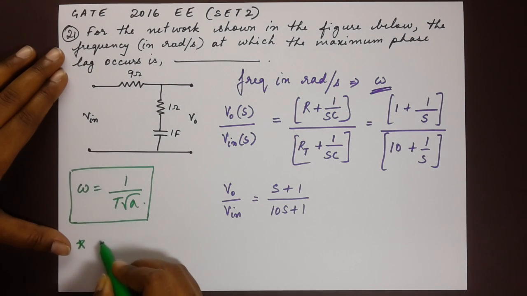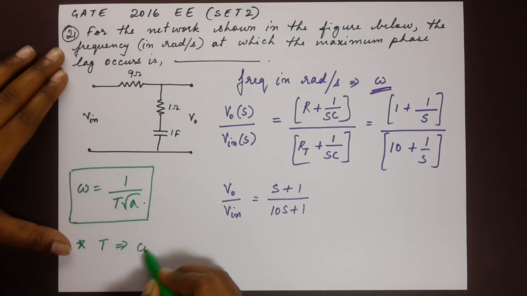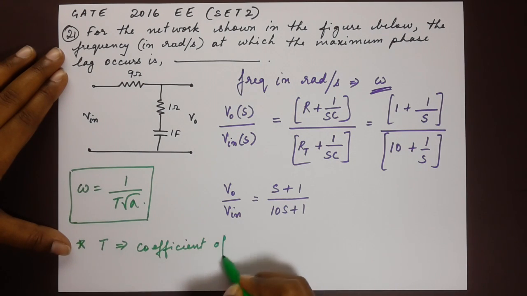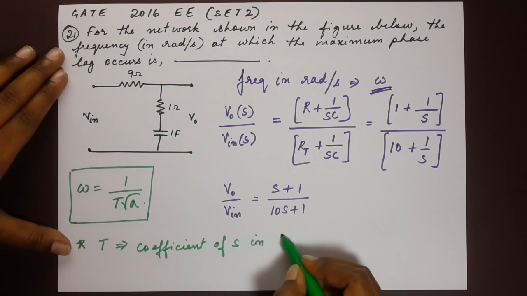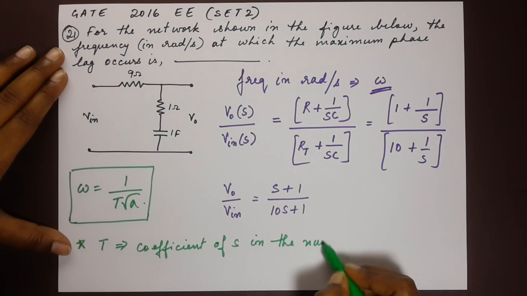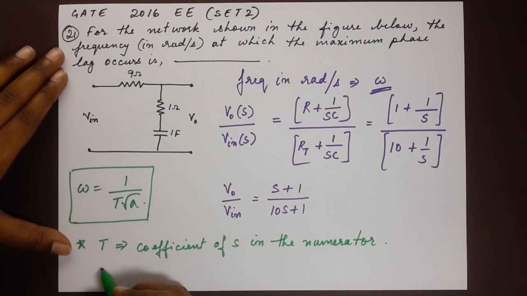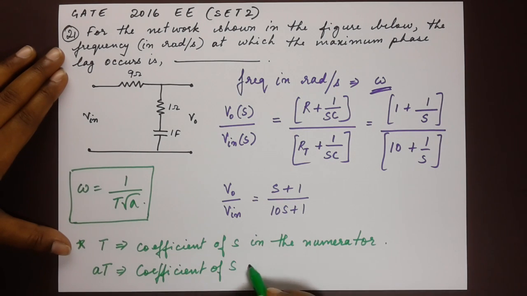The value of T is the coefficient of S in the numerator, and AT is the term corresponding to the coefficient of S in the denominator.